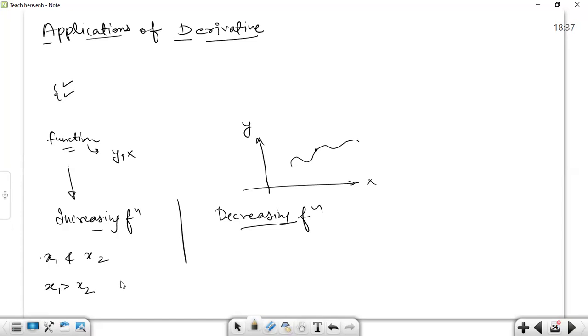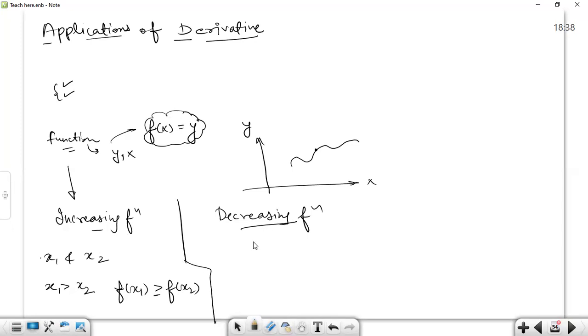An increasing function says that when we increase the input in a function, like y is f of x, y is a function of x, the function's output also increases, or it may remain the same. This is termed an increasing function.